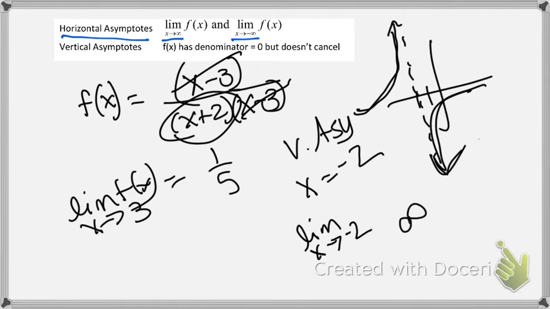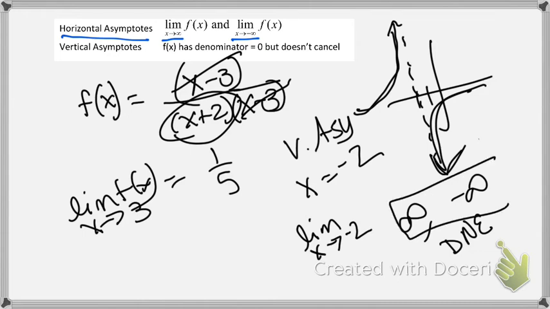So you can technically say that does not exist because you can't actually reach that. Now, if they ask you to specify one or the other, then you plug in a number really close to -2, like -1.9 or -2.1, depending on if they say left or right.